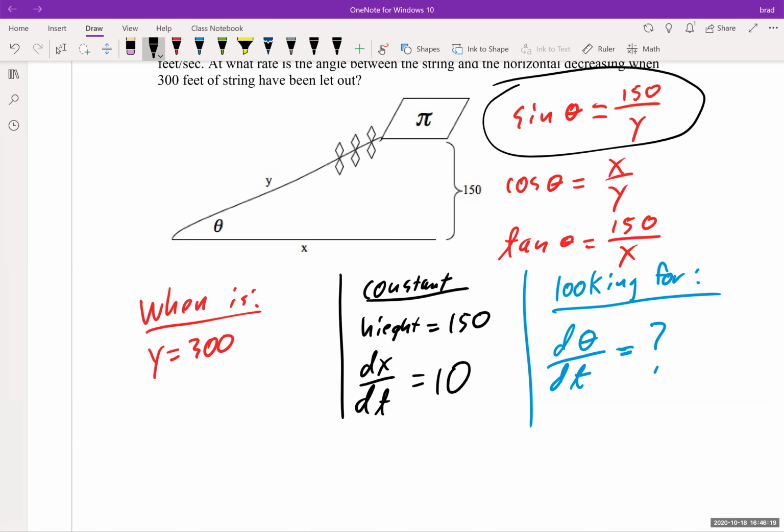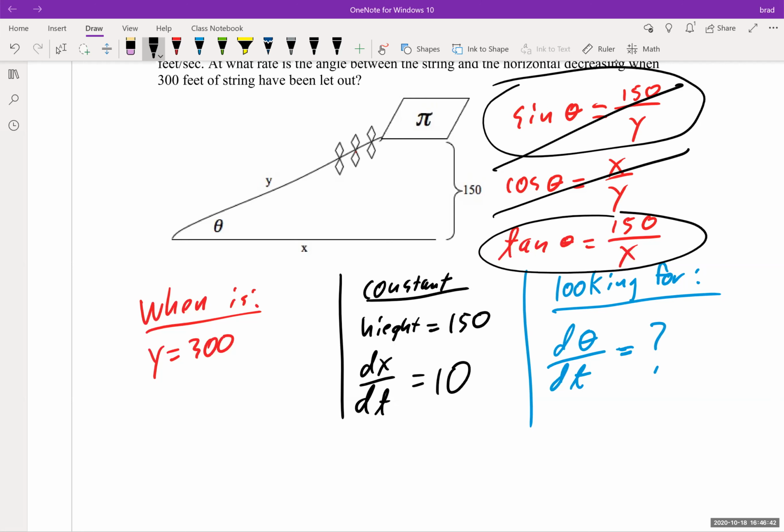If we were using sine theta equals 150 over y, we would end up with a d theta/dt, but we would also end up with a dy/dt. I don't have a dy/dt to plug in. I have a dx/dt. So anything with a y in it, I can't use. That means I can't use this one or this one, because I will end up with a dx/dt and a dy/dt, and I don't know how to deal with the dy/dt.